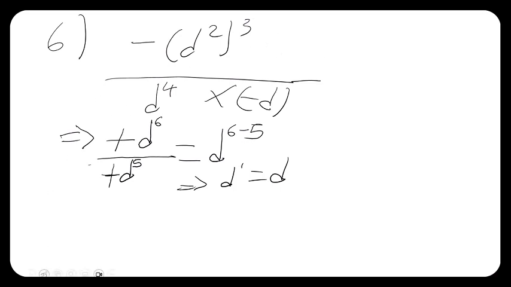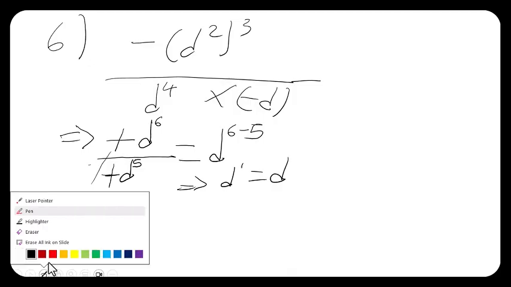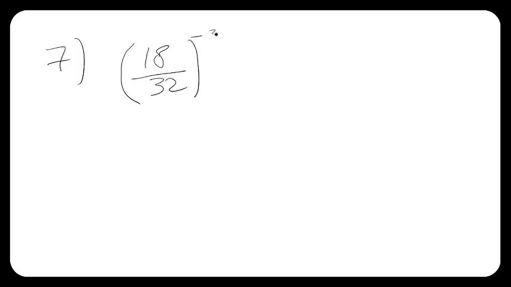So let's move to the next question. Question number 7. 18 all over 32 is to the power minus 3 over 2.